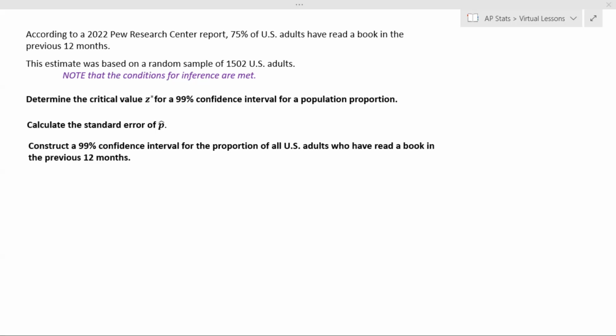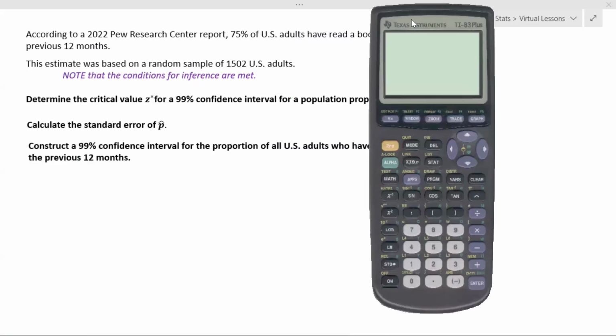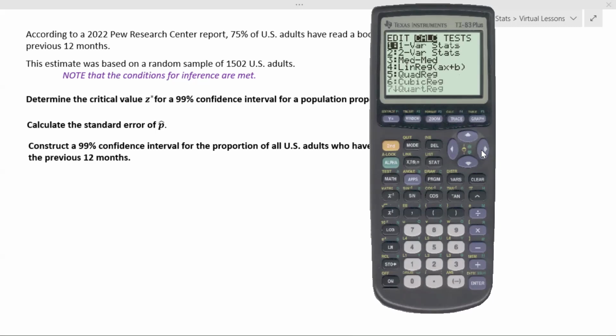So using technology, first of all, we go to stats, excuse me, distribution. Second, variables for distribution, and then number three is invNorm. And in there, we're going to put the area that we want.